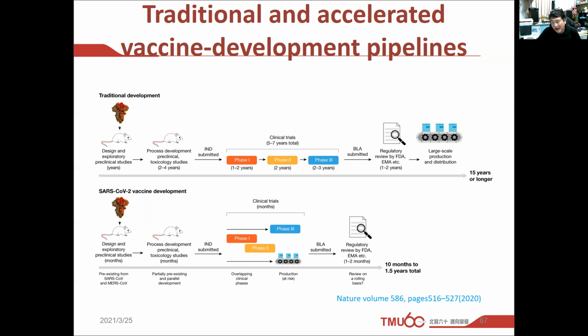However, you will ask, how come less than 1 year after the virus, our vaccine is available in the market and people start to inject those vaccines? The reason is because we got experience from the SARS virus, the MERS virus, and the Ebola virus, and their RNA homology is very similar.